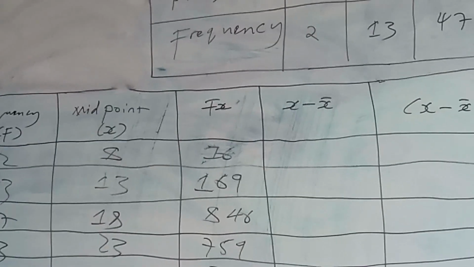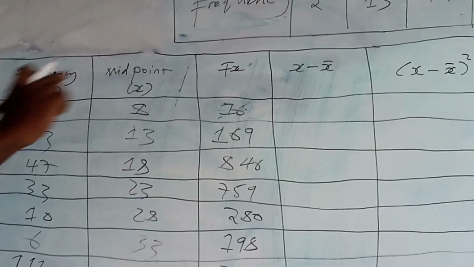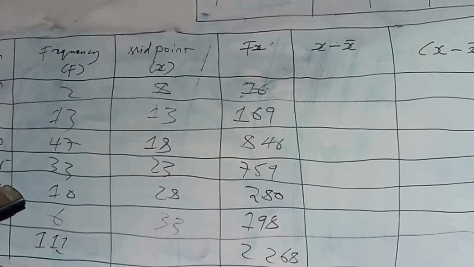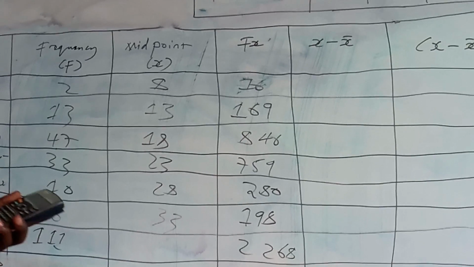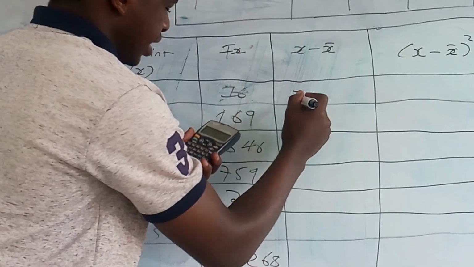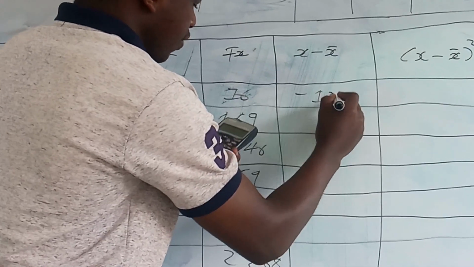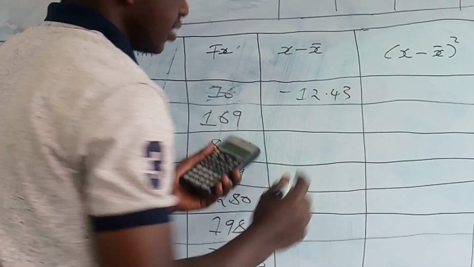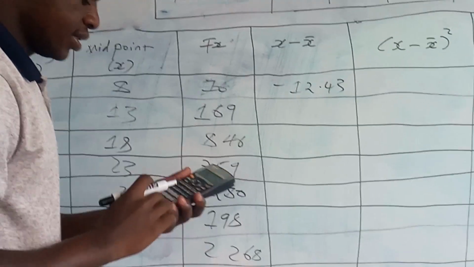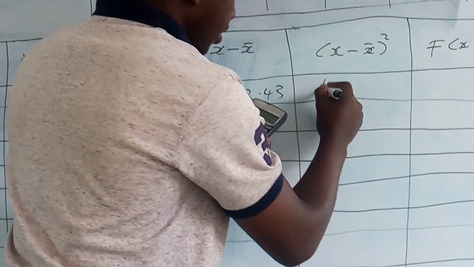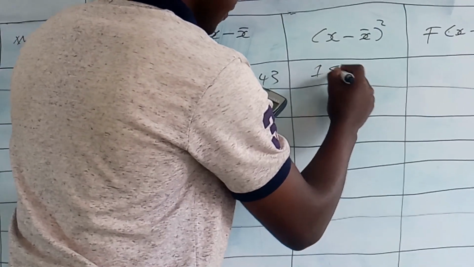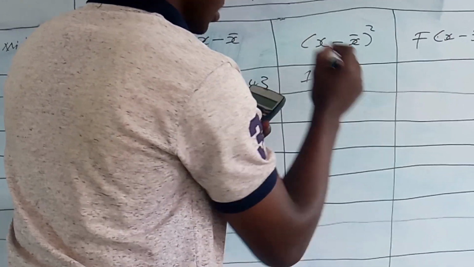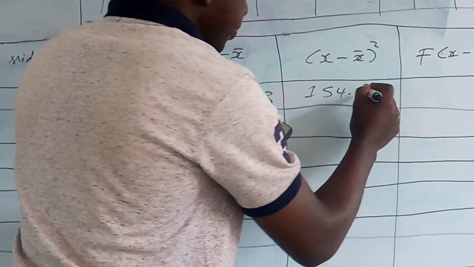So 8 minus the mean, 20.43, gives negative 12.43. Squared, that is 154.50 when rounded to 2 decimal places.